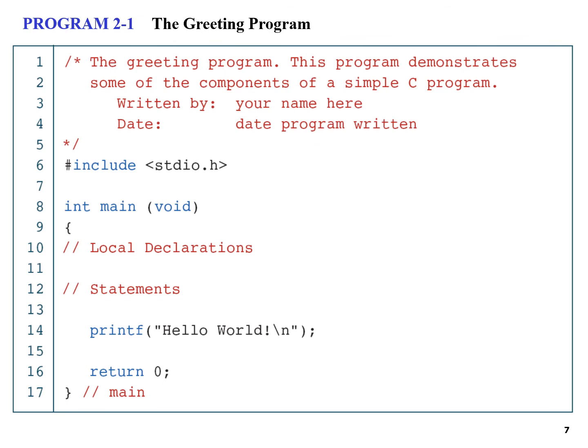This is the greeting program with comments. In the C programming language, you can place comments in your source code that are not executed as a part of the program. Comments provide clarity to the C source code, allowing others to better understand what the code was intended to accomplish and greatly helping in debugging the code.